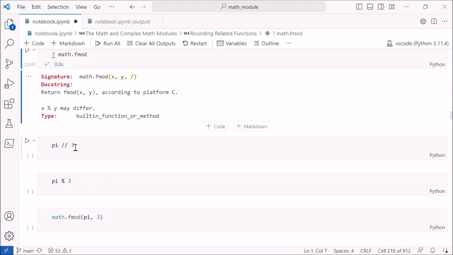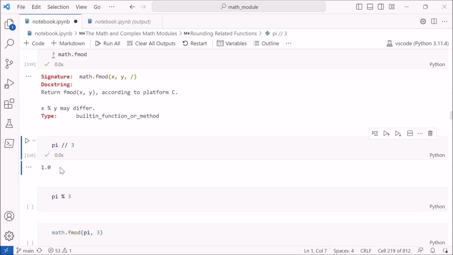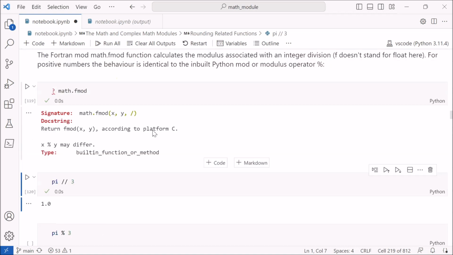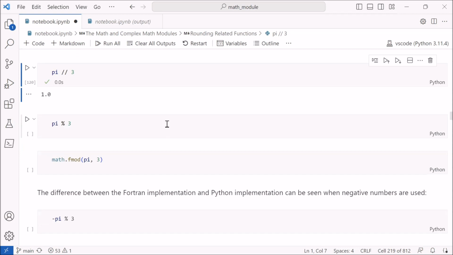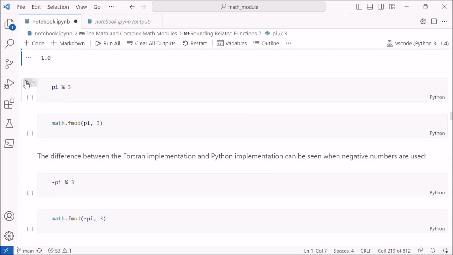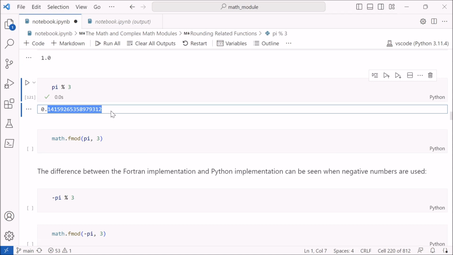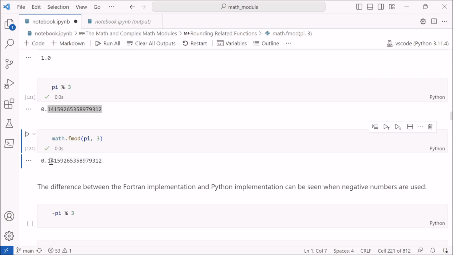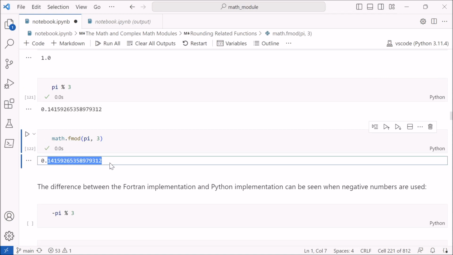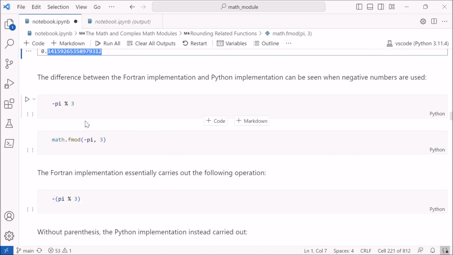So if we integer divide pi by 3, we're going to get 1.0, and then there's going to be some sort of remainder. And this remainder can be calculated using the mod. So for a positive number, this is going to give 0.14159 and so on. And if we use the Fortran implementation, we get the same value. So the difference between the two implementations can be seen when a negative number is used.